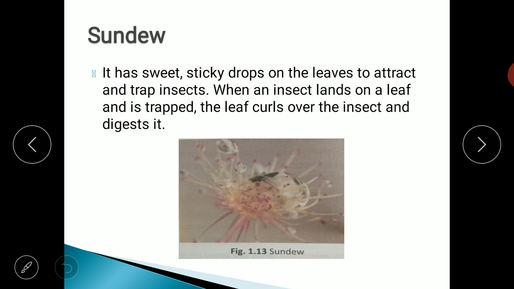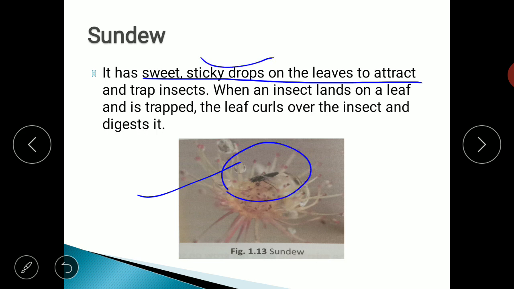This is the sundew plant. It has sweet, sticky drops on the leaves. As it is sweet, the insects are attracted, and once they are attracted, it is sticky, so the insect gets stuck to it and is trapped.